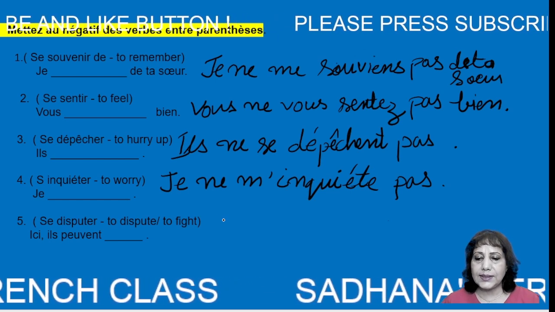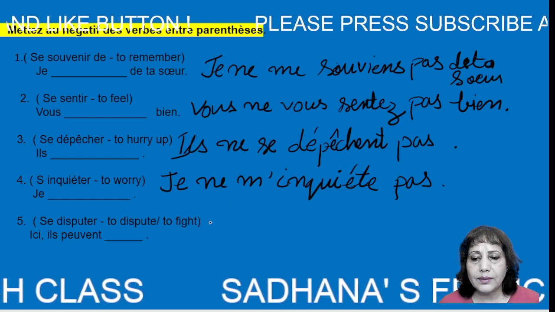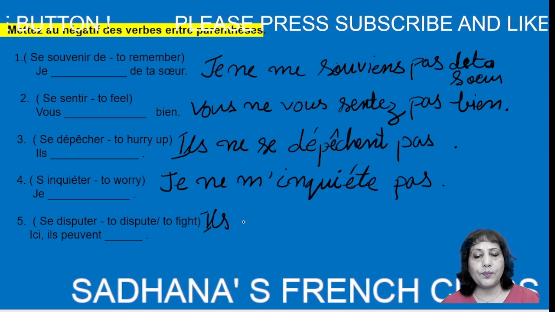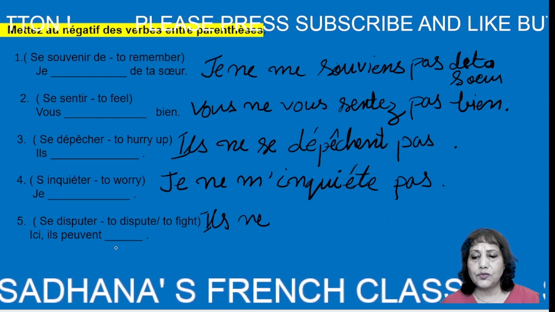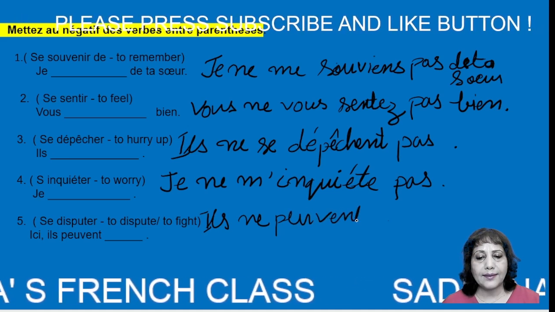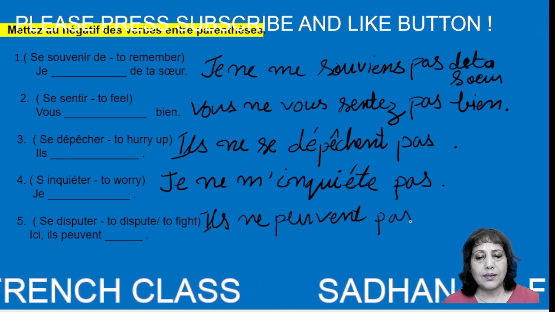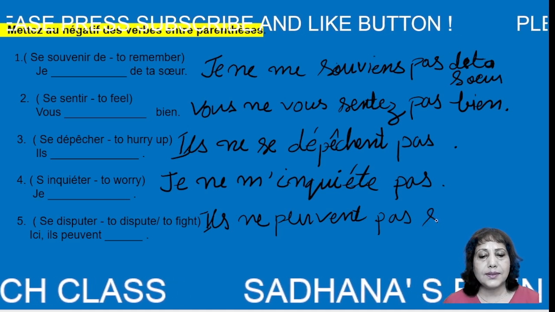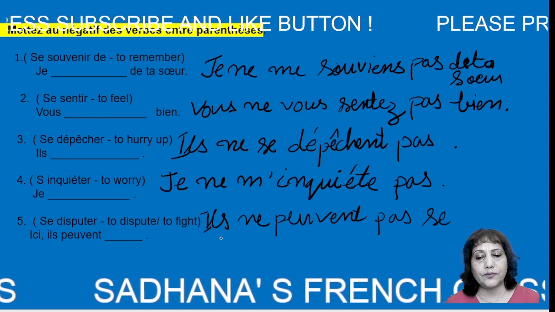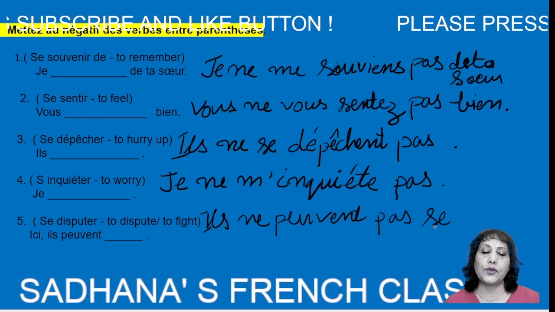So let's make the sentence here. Ils, then what will we place? Ne, the conjugated verb is peuvent, pas, then se disputer. For the third person, the reflexive pronoun is se.